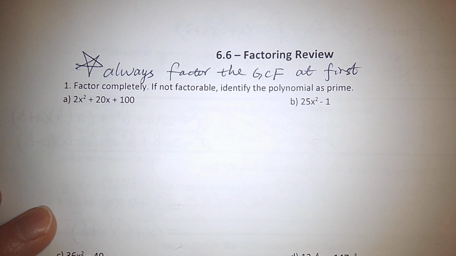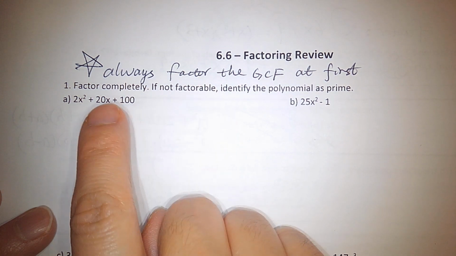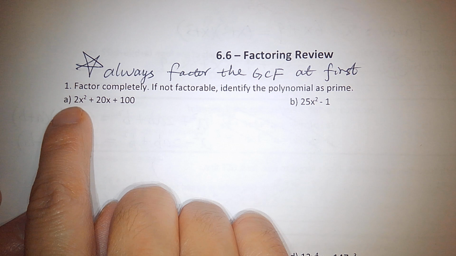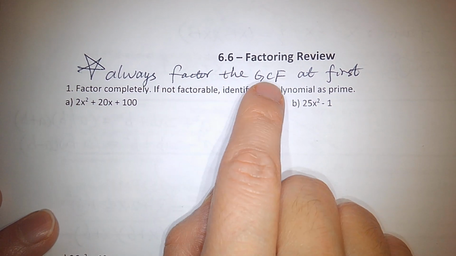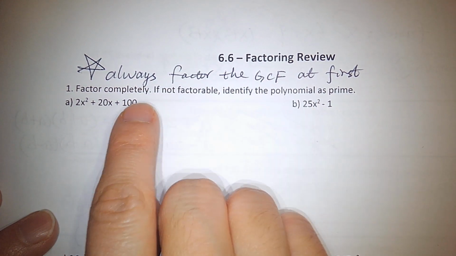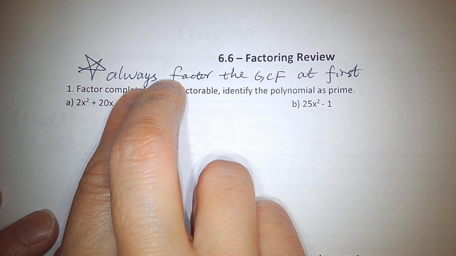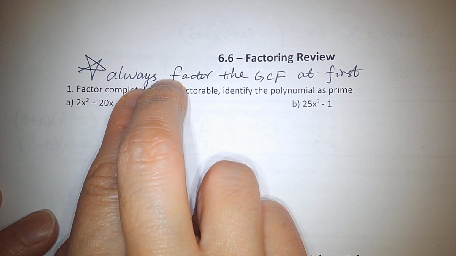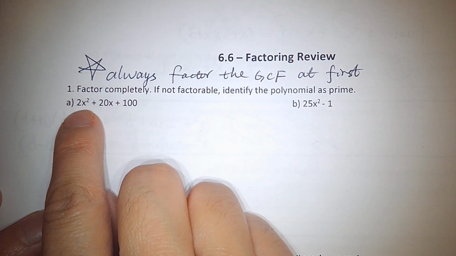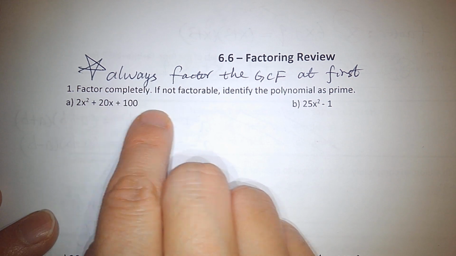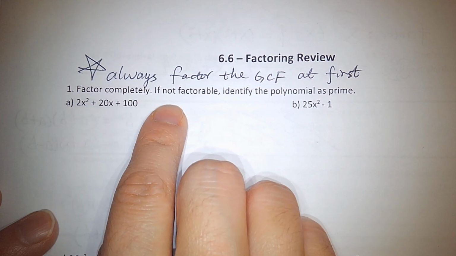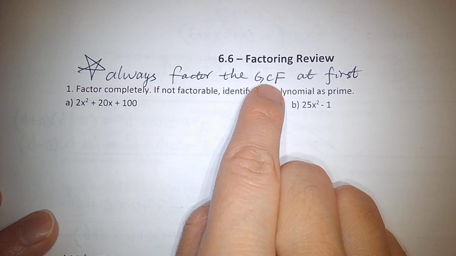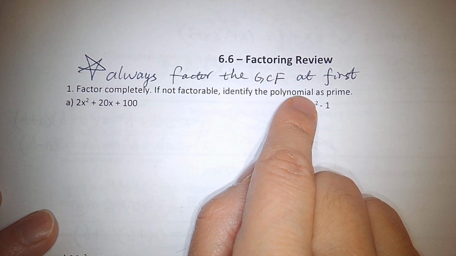The GCF is a common factor for every term of a given polynomial. You're not saying it is a common factor for some of the terms but not for every term. No. The GCF must be a common factor for all of the given terms, and it is the greatest common factor. This is the first step.